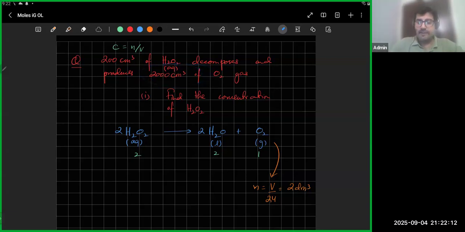So that is 2 dm cube of gas. Divide that by 24. So tell me how many moles is this? कितना है? 2 divided by 24. What is it?